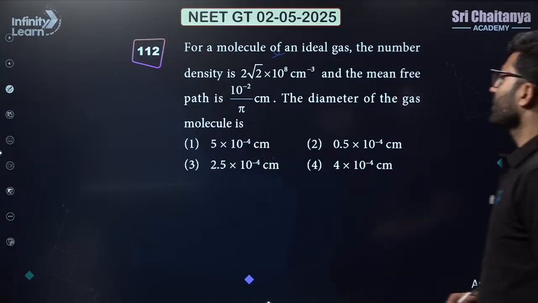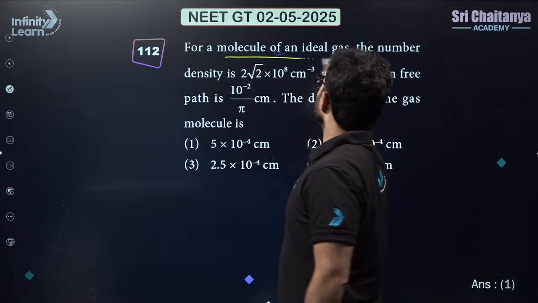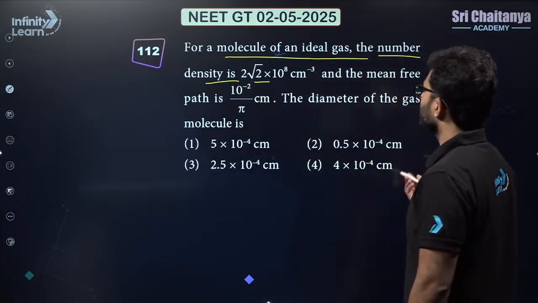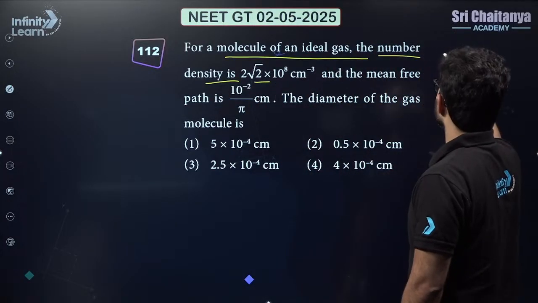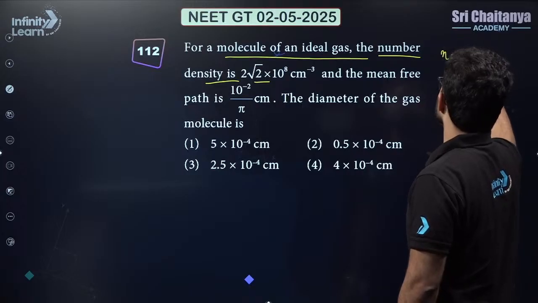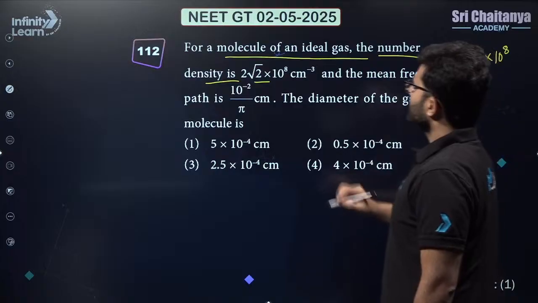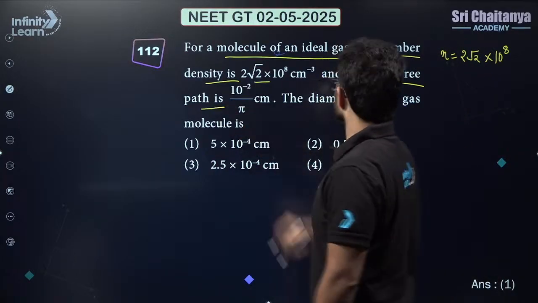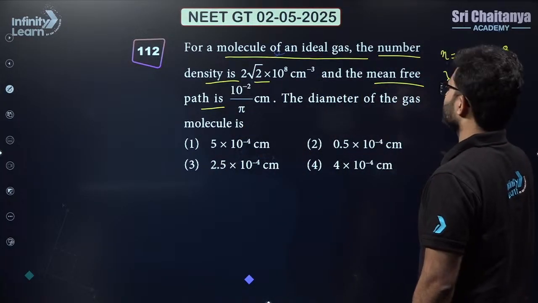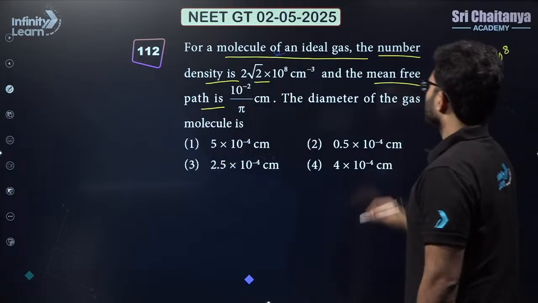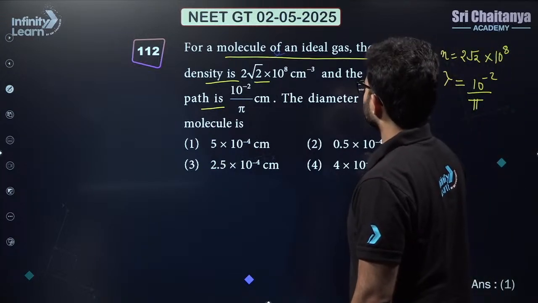Let's move ahead. For a molecule of an ideal gas, the number density is 2 root 2 into 10 to the power 8. So small n is given to you, that is 2 root 2, which is the number density, into 10 to the power 8. And the mean free path is, so lambda value is given to you, which is the mean free path, that is 10 to the power minus 2 divided by pi. The diameter of the gas molecule is, okay.